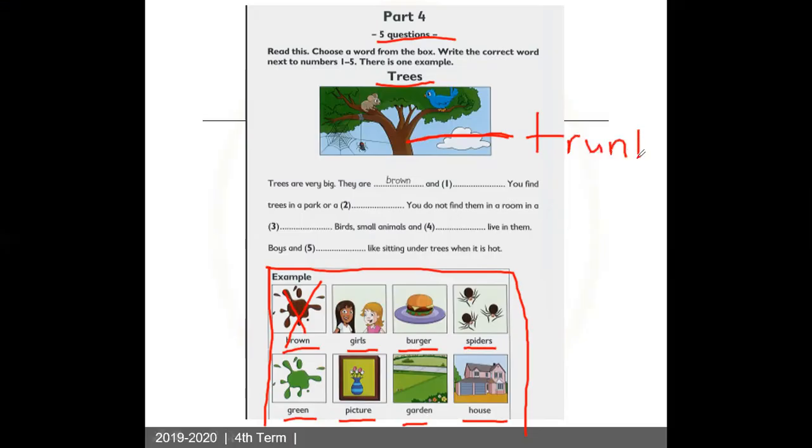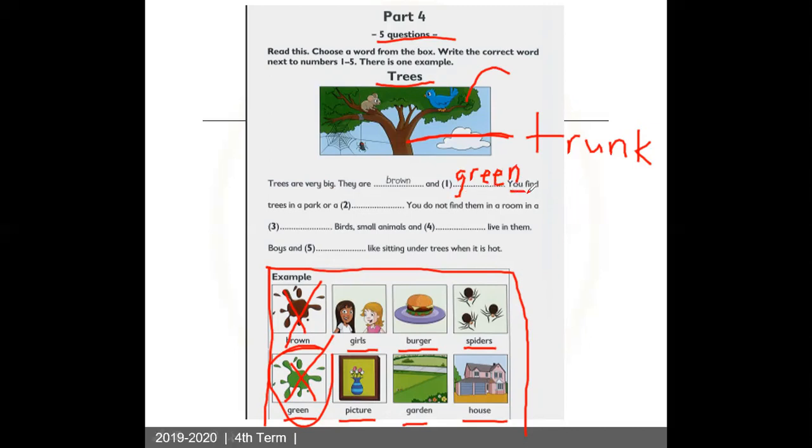It's the trunk of a tree, right? And this one, the leaves are color. Very correct. So we have to write the color green here. So let me write it. Green. Trees are very big. They are brown and green.